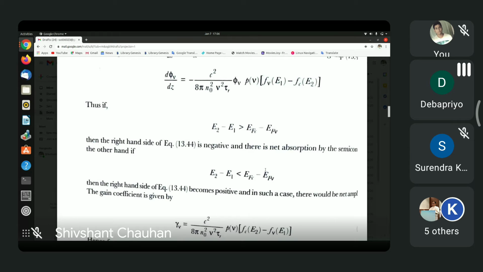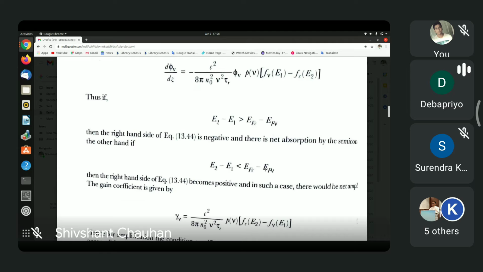But the final thing that I draw your attention to is the same equation that we have discussed earlier: if EFC minus EFV is more than E2 minus E1, then there would be more stimulated emission than absorption. On the other hand, if E2 minus E1 is more than EFC minus EFV, then there will be more absorption and less stimulated emission.